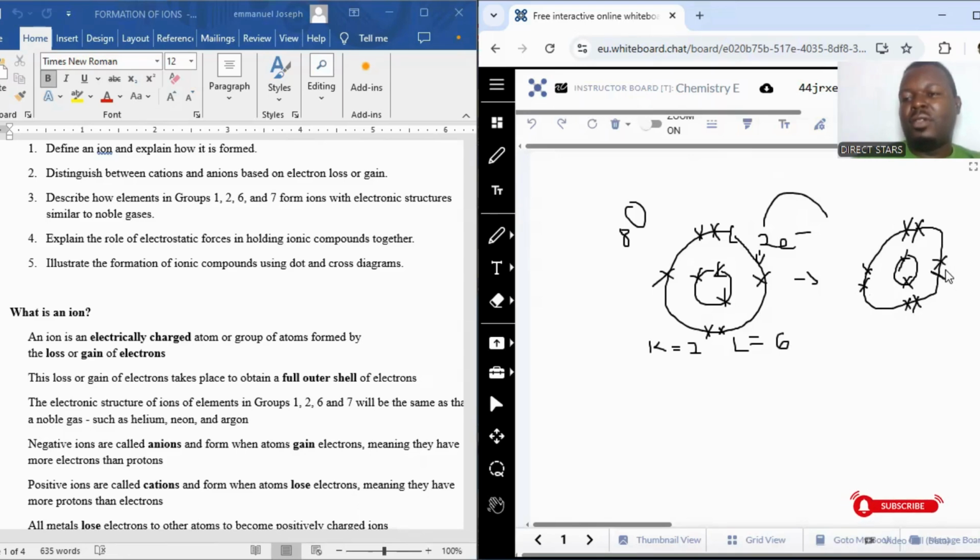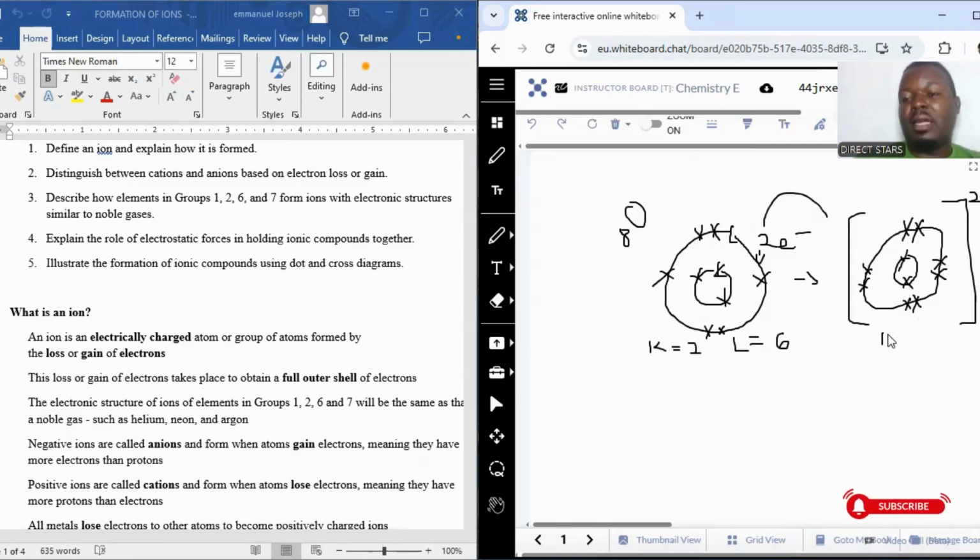So the fact that you gained 2 from another atom to make this up to 8, we have to indicate that here with a charge of 2 minus, which shows that 2 electrons were gained from another atom to attain stability.